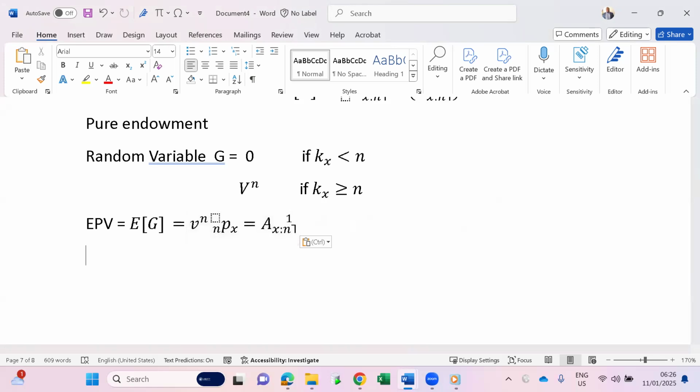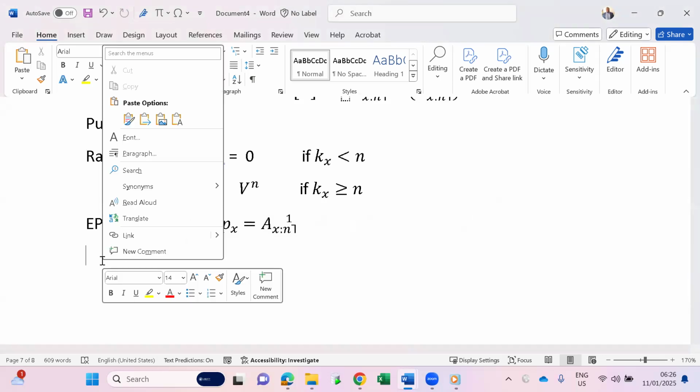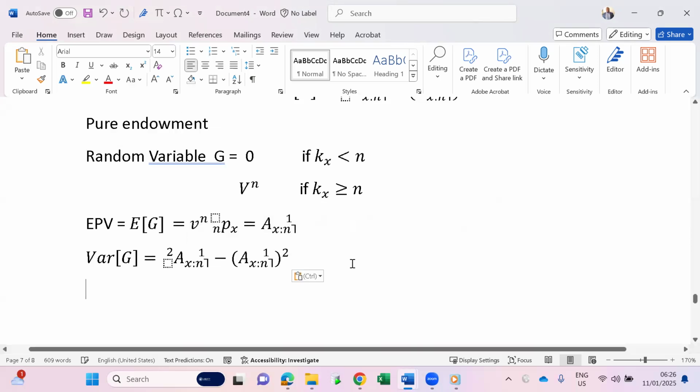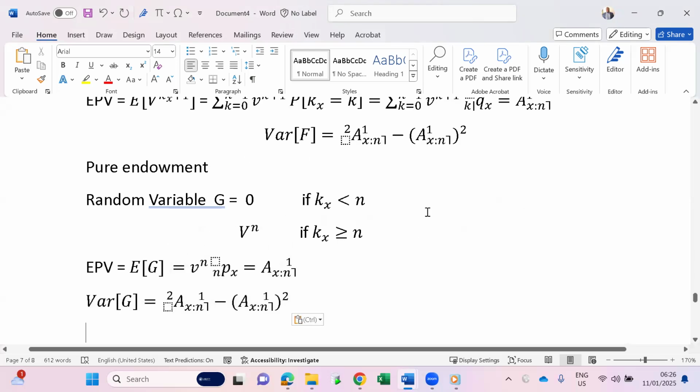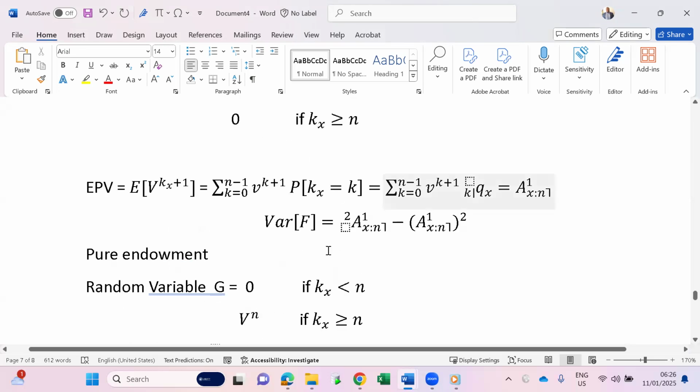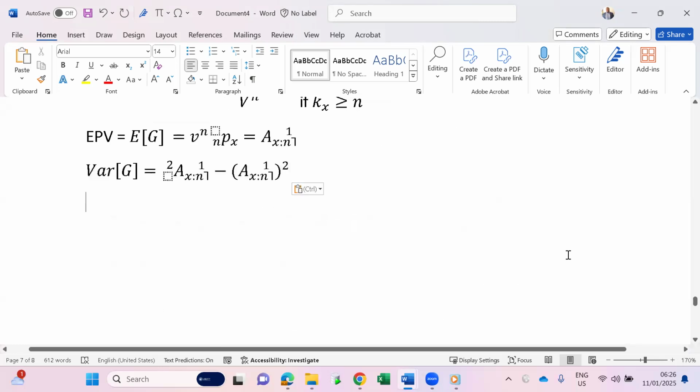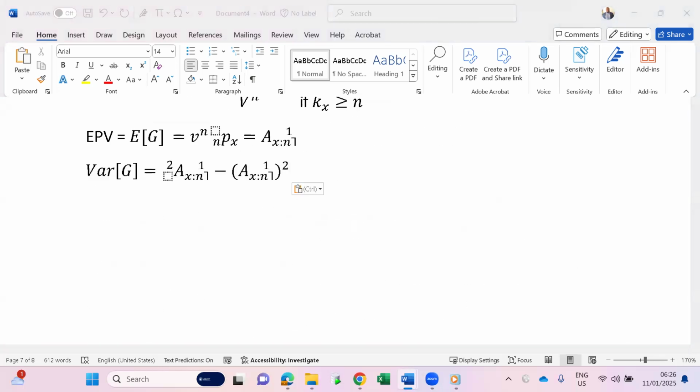It's not dependent on the random variable or whatever reasoning was used to bring about these notations. So for the variance, we have the variance of G, same notation as the previous ones, which is your term assurance, your life assurance and your whole life assurance.